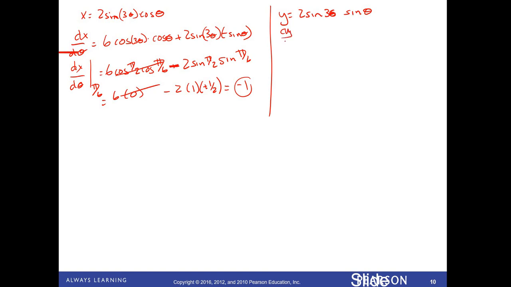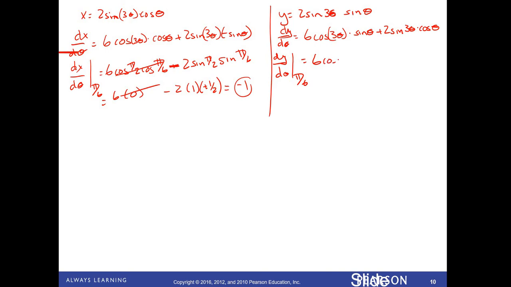Let's do our dy d theta. So again, the derivative of the first is 6 cos of 3 theta times the second plus the first times the derivative of the second. Evaluating at pi over 6, this is where I want to find my slope.